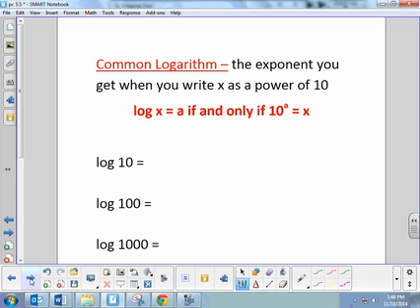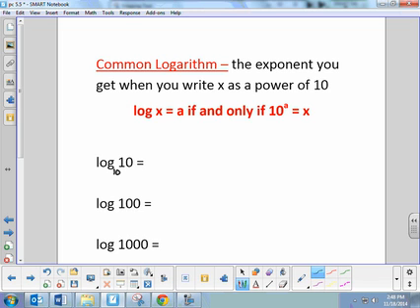In a minute, we're going to talk about different types of logs, but if no base is given, meaning no little number right there, it's assumed to be a common log, which means its base is 10.